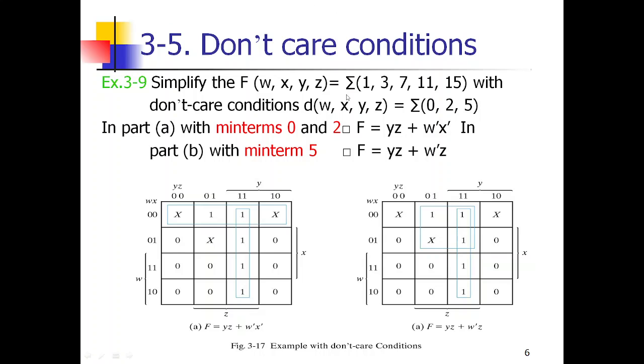The minterms for the true function have to be plotted as 1, that is 1, 3, 7, 11, 15. These minterms are plotted as 1, and the don't care minterms 0 to 5 have to be plotted as x.